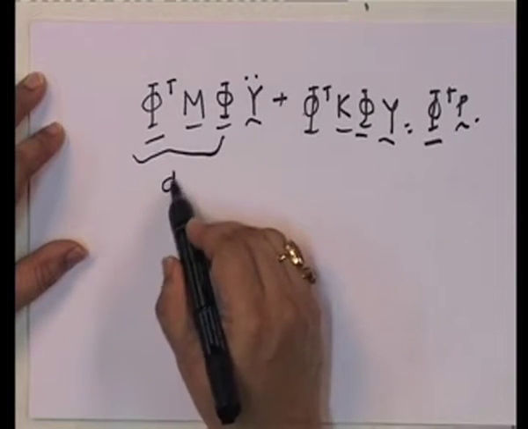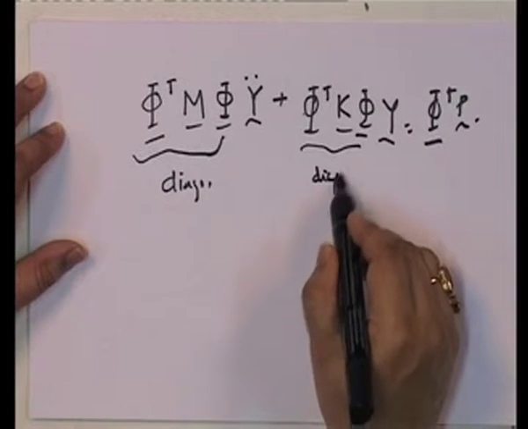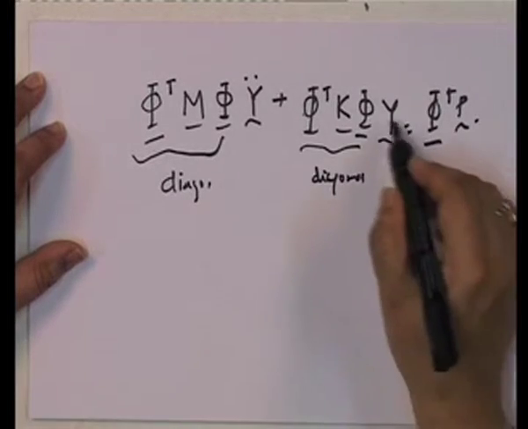A diagonal matrix. What is this? A diagonal matrix. So, what do we get?